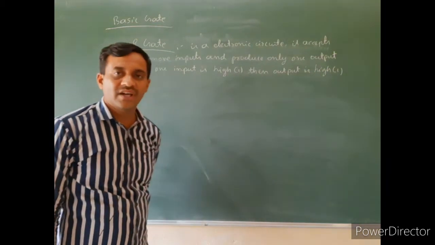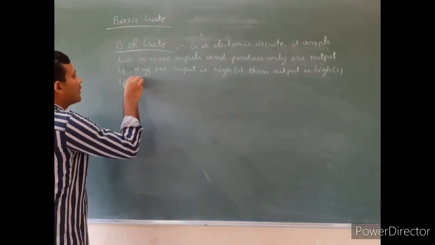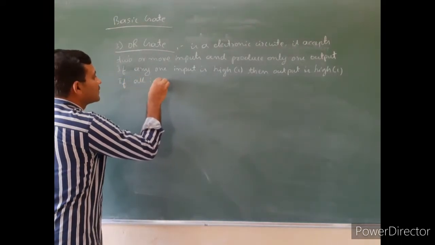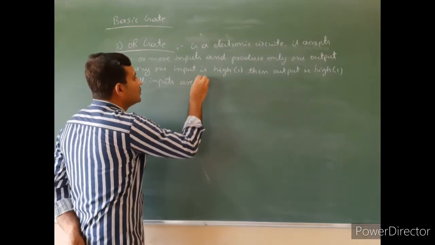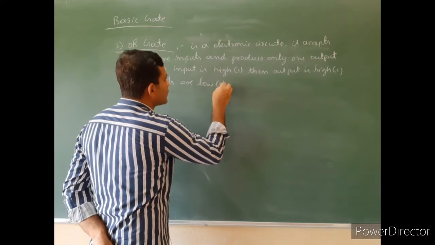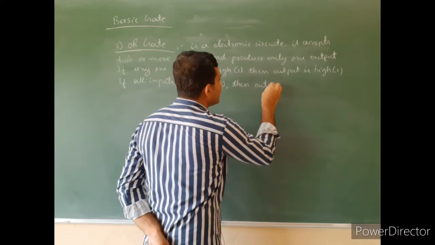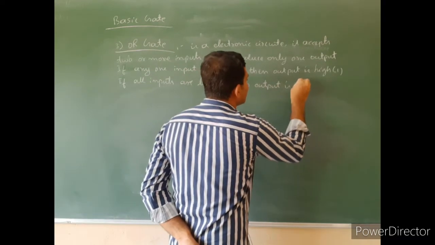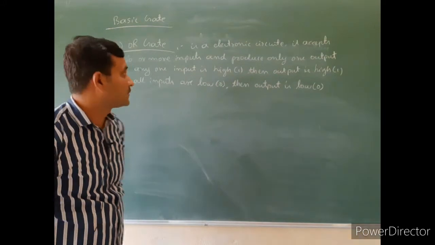If all inputs are low, that is 0, then output is low. See the working principle.